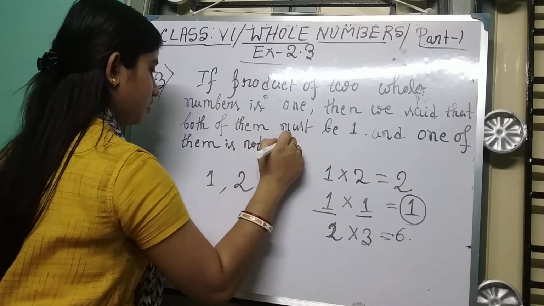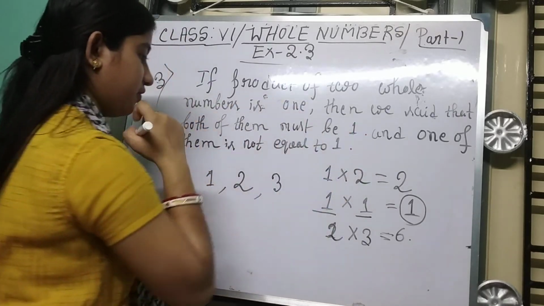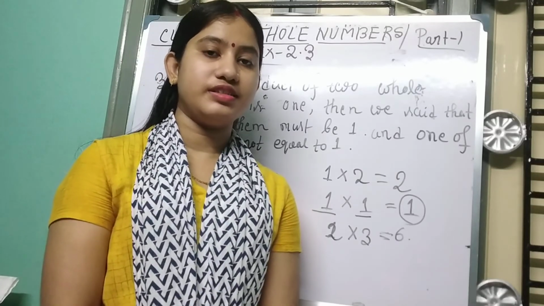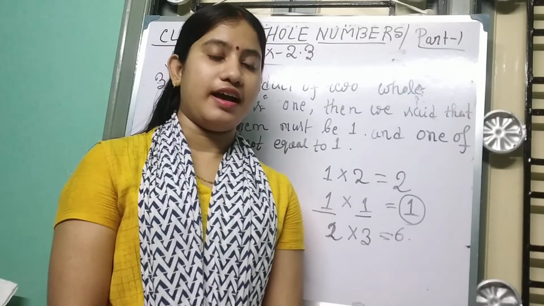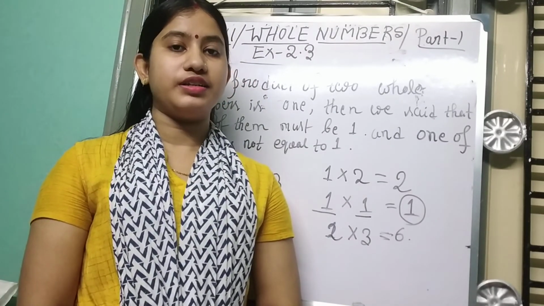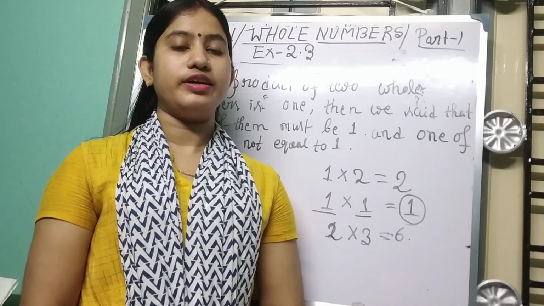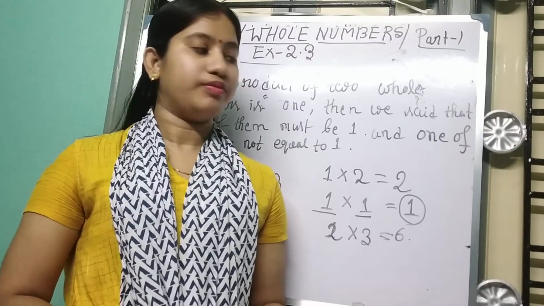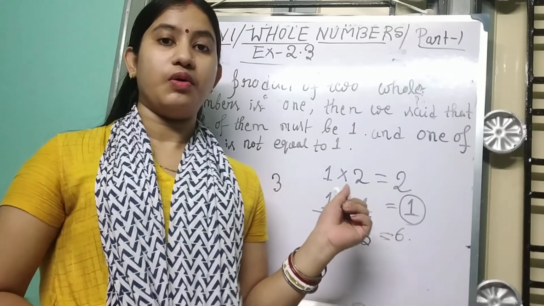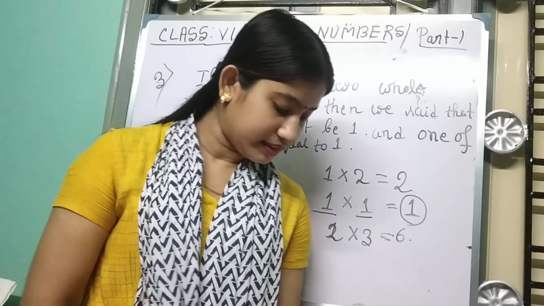And from number 2, we see that when the product of two whole numbers is 0, then one must be 0, and another way both are 0. But when the product of two whole numbers is 1, only when both whole numbers are equal to 1. This is number 3.